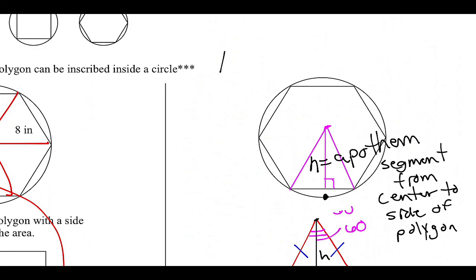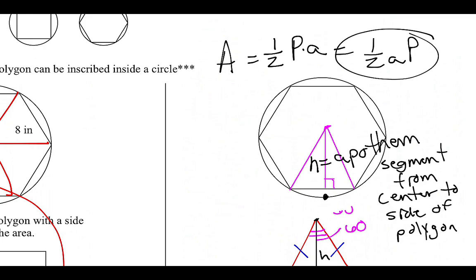So the area of any regular polygon is always going to equal 1/2 times the perimeter times the apothem, which we usually write as 1/2 AP. This will work for every regular polygon ever. And this is the formula you're going to see me use in the examples that I do in the next videos.